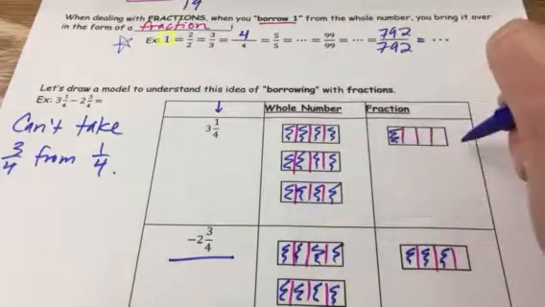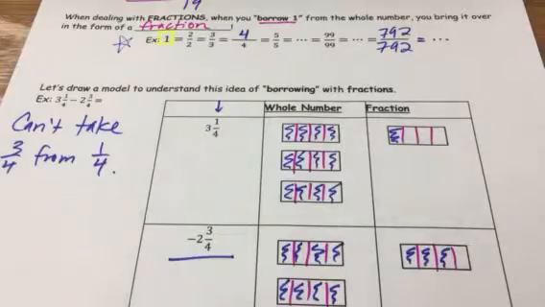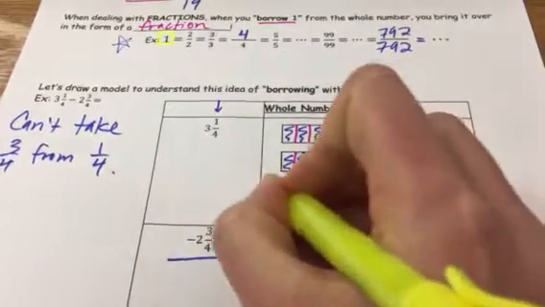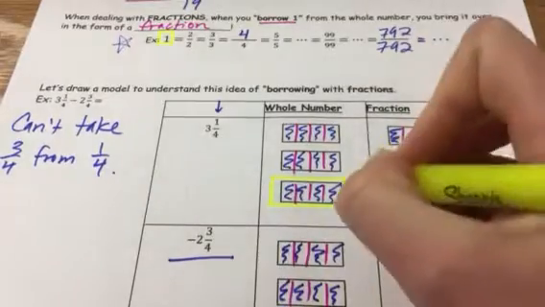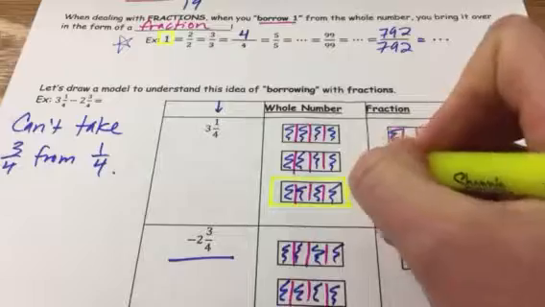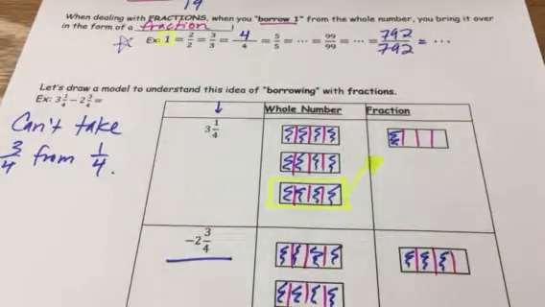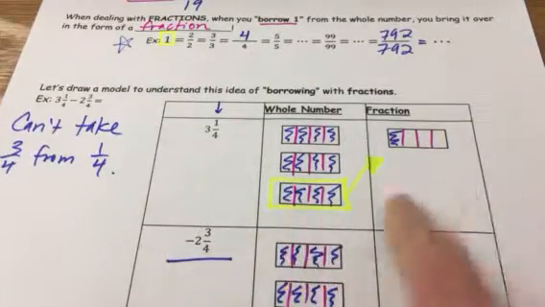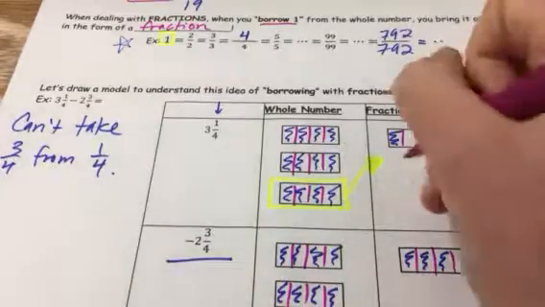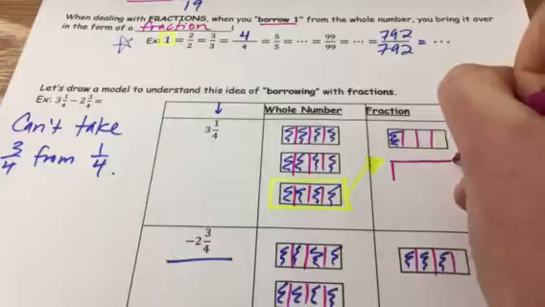I do not have enough. So what we're going to do is borrow, we are going to regroup, and take one of these whole things and bring it over to our fractions column, because this one thing I can shift anywhere I want as long as I keep the value equivalent to itself, as long as I keep it as one whole thing.